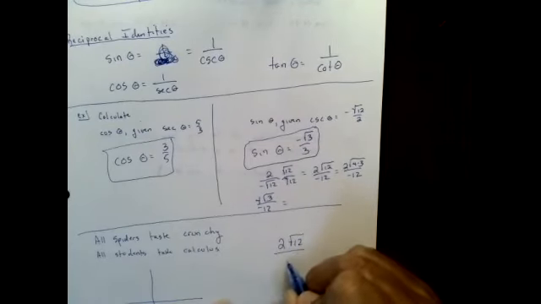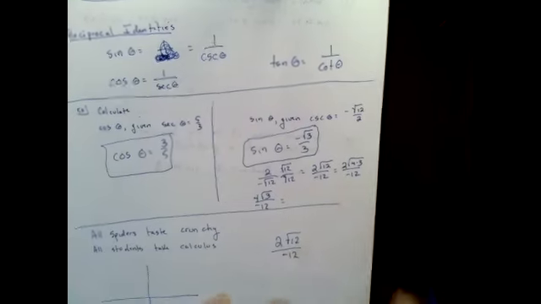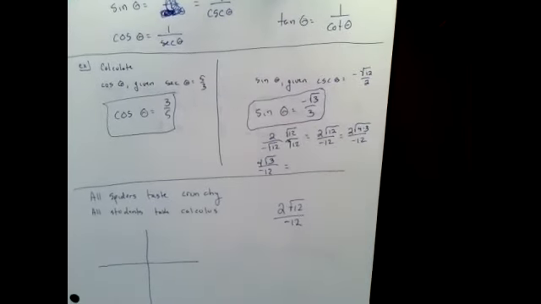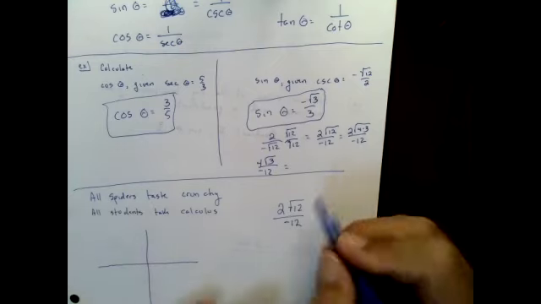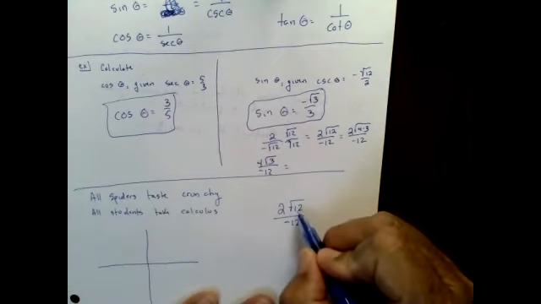Well, there's this thing in the world called simplify. Everything you do and everywhere you go, they want you to simplify. So can I reduce this fraction? The answer is yes. First thing I'm going to do is reduce that square root of 12.